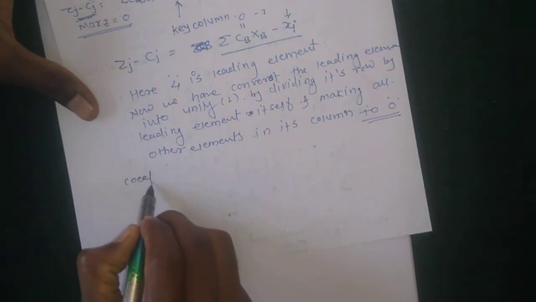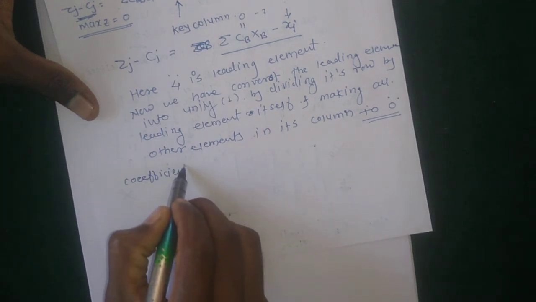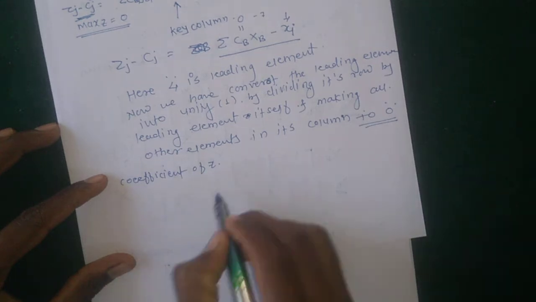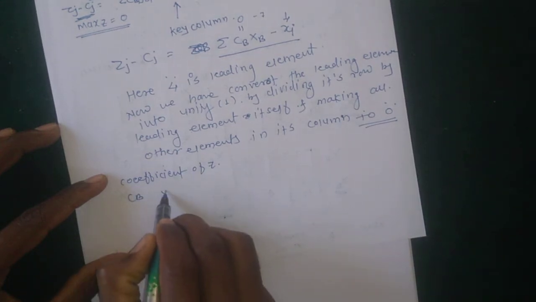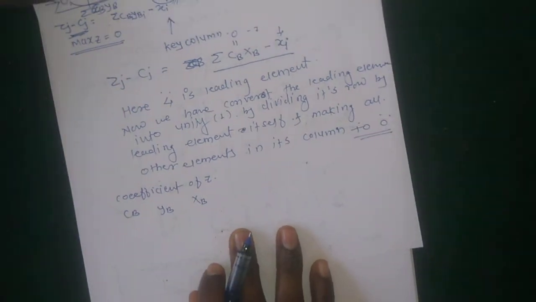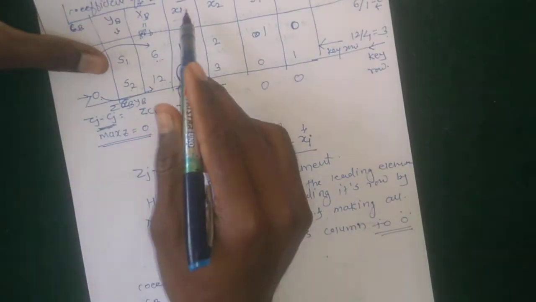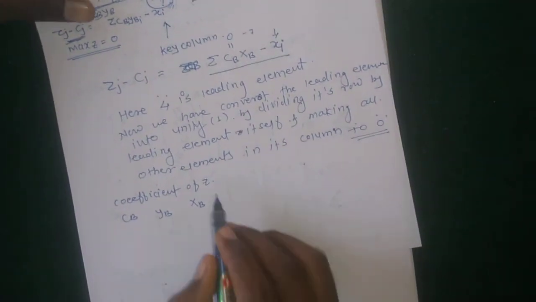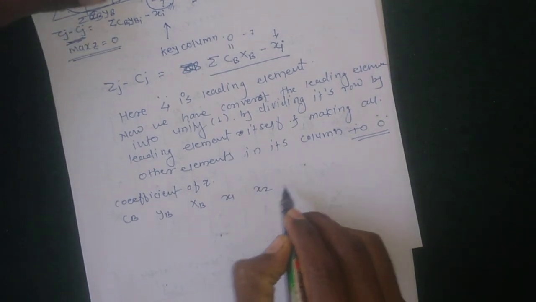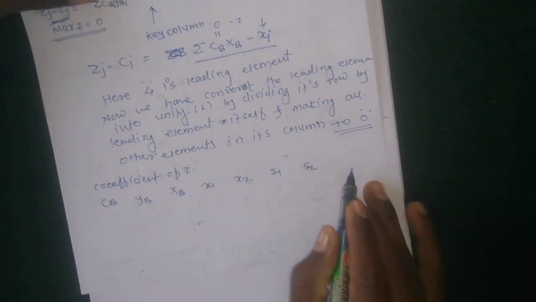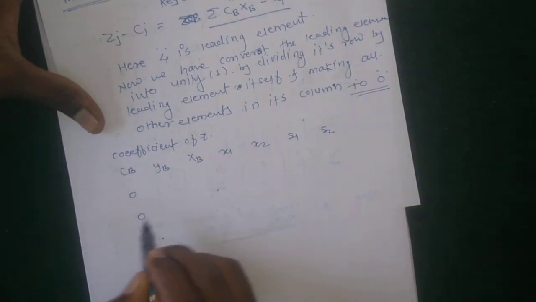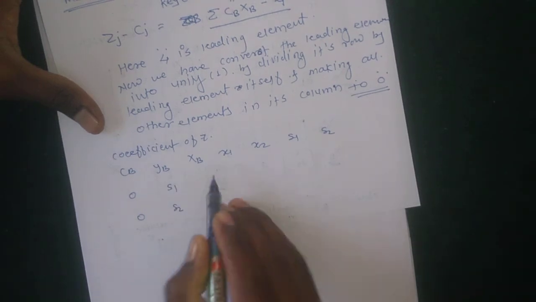So the coefficient of z, then cb, yb, xb. And replace s2 by x1. Then x1, x2, s1, s2. In this way, here 0, 0, s1, s2.